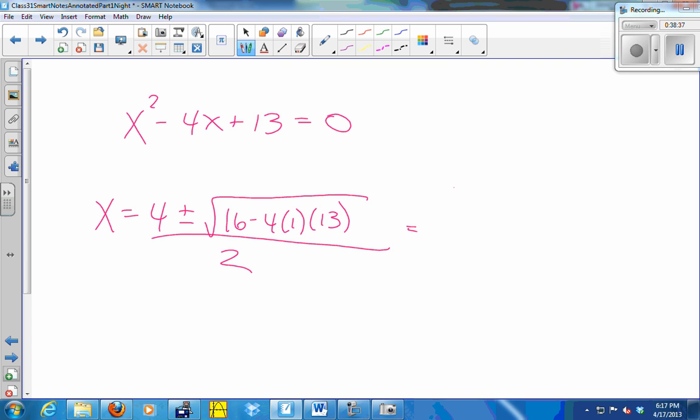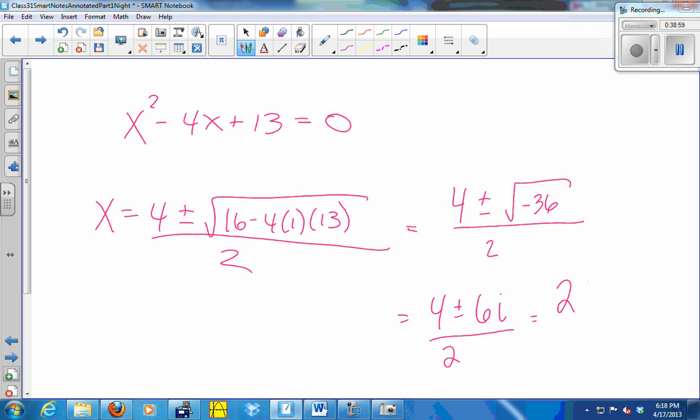So that's going to be 4 plus or minus the square root of 16 minus 52, which is negative 36. Oh, I love when it comes out like a perfect square. So this is 4 plus or minus 6i over 2, which is 2 plus or minus 3i.